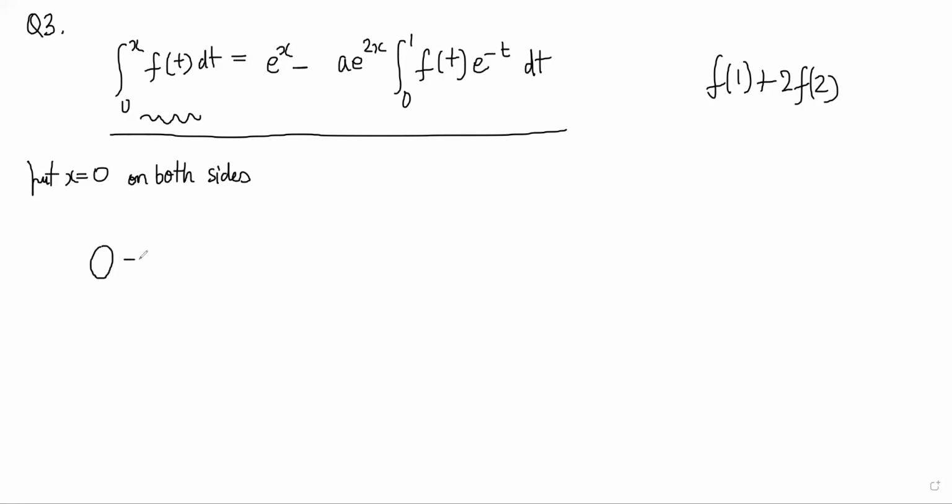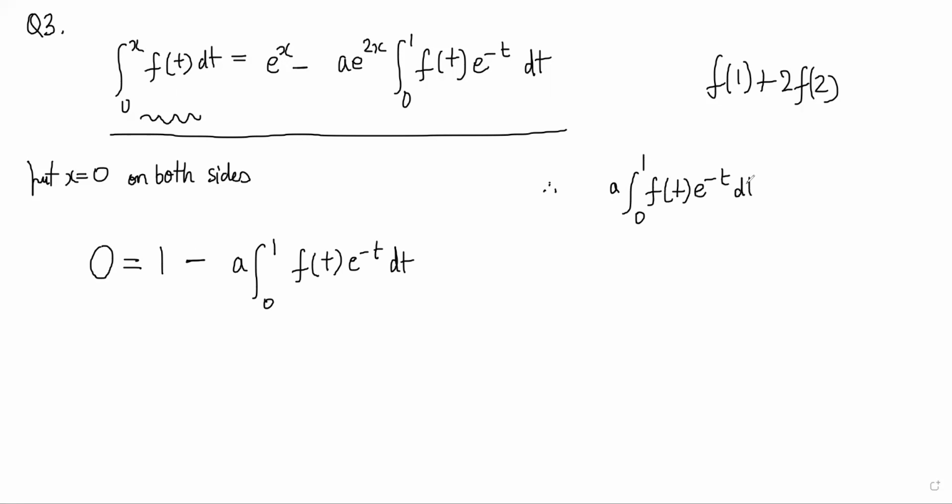So this will be 0 is equal to 1 minus a, the integral 0 to 1 of f of t e power minus t dt, right? So therefore you will get a, the integral 0 to 1 of f of t e power minus t dt, is equal to 1, right?